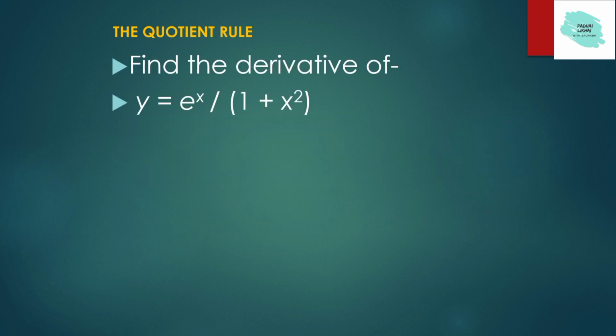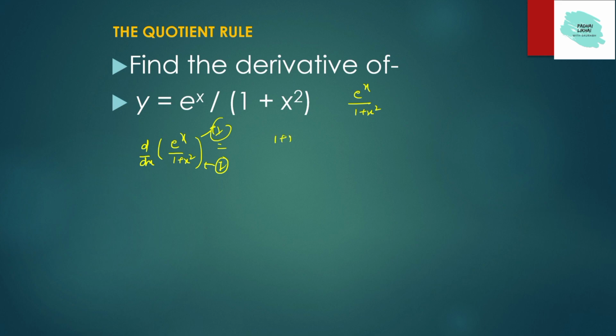Further, we move to another differentiation, that is e to the power x upon 1 plus x square. So just applying the quotient rule, d over dx of e to the power x upon 1 plus x square. This is the first function, this is the second function.